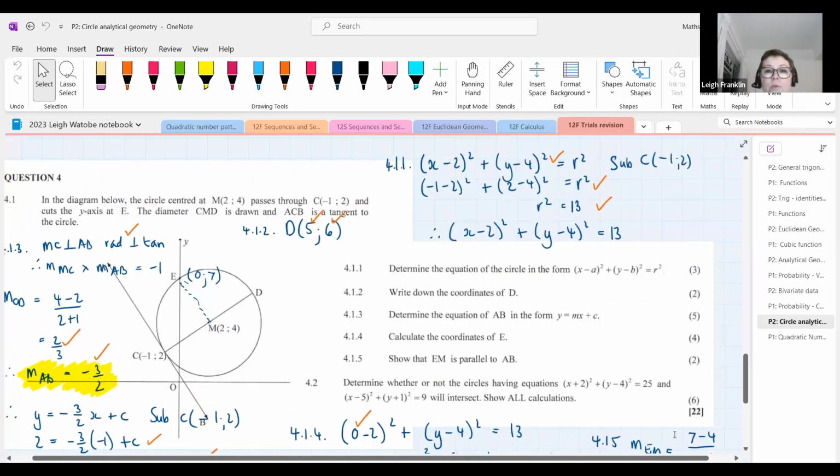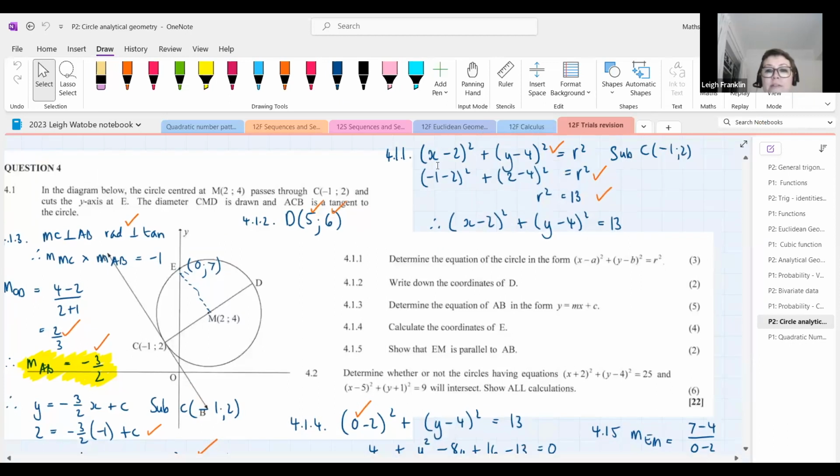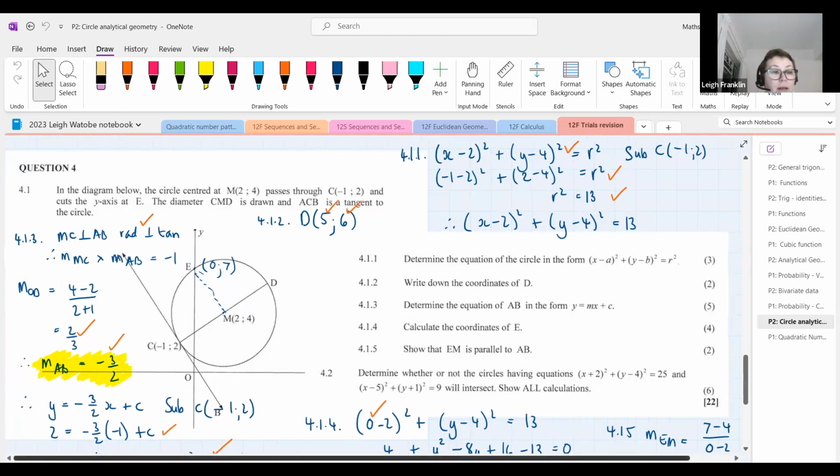So in 4.1.1, that's this answer over here at the top: x minus 2 squared plus y minus 4 squared equals 13 was correct. The coordinates of D were 5 and 6, as so many of you said. The equation of AB is over here on the left-hand side, question 4.1.3.